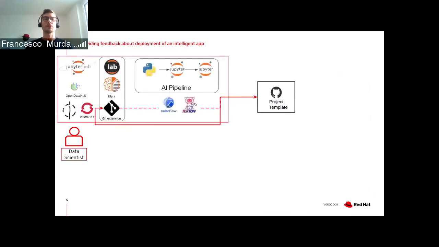For example, I can use the Operate First environment, which is the open environment that has Open Data Hub deployed on top of OpenShift. There you have an open environment where you can start and experiment with all these tools: JupyterHub, JupyterLab, Elyra, you have Kubeflow, Tekton. So basically I have all my environment to start doing my data science project.